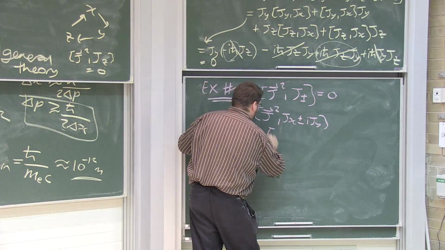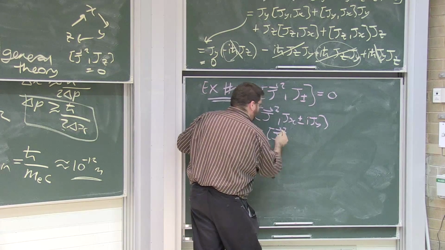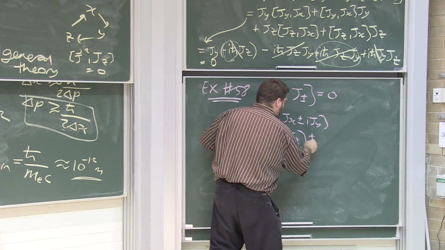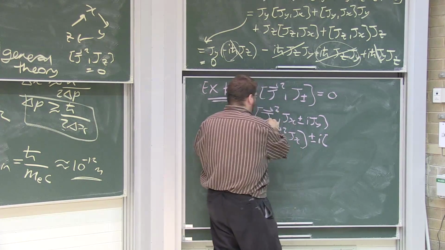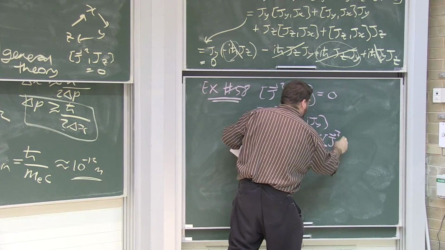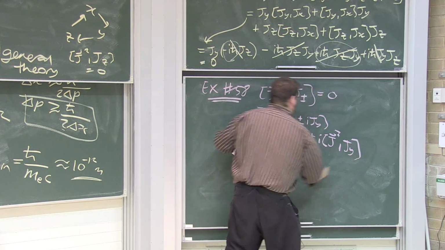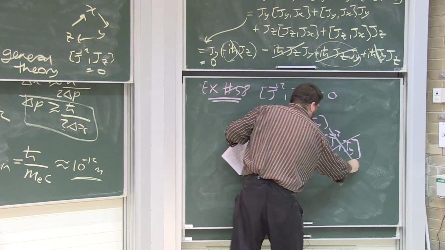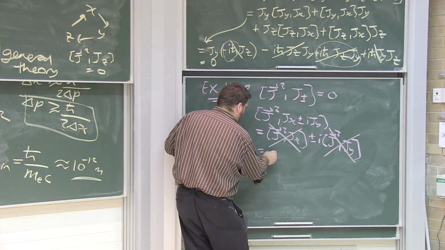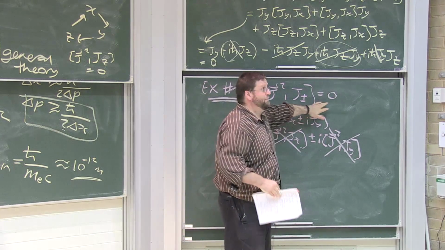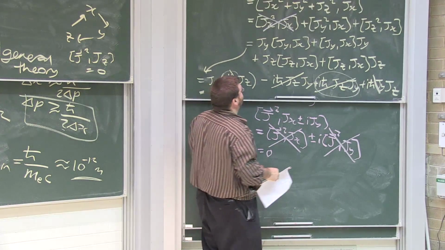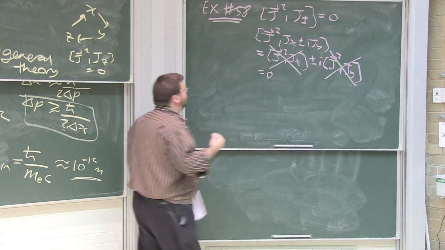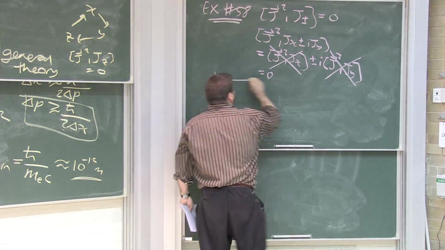I'm going to keep this J squared for reasons that will become clear in a second. So here's the Jx, the plus or minus i comes out the front, J squared, comma, Jy. But we know that J squared commutes with Jx, J squared commutes with Jy, so this equals naught, which makes us happy because that's what we wanted to prove. So this is the first thing that we want to prove in exercise 58.